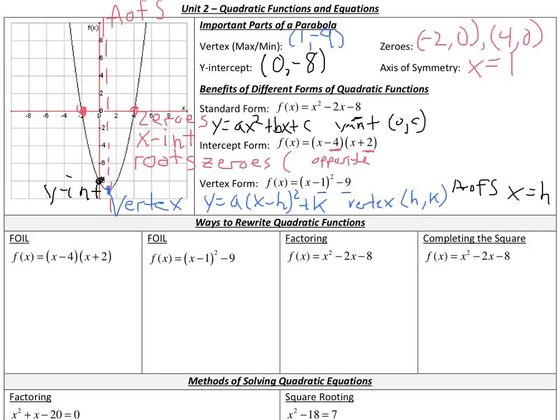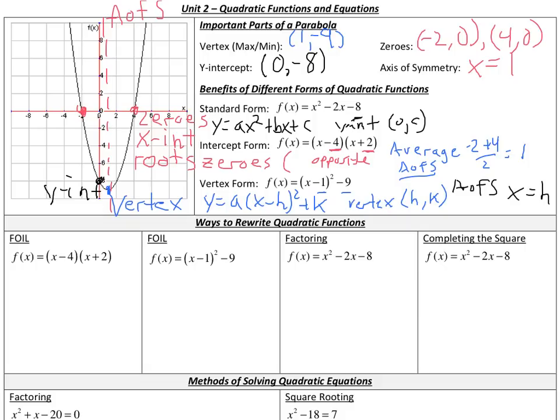So for my middle one I'm going to average my two dots. So I'm going to average -2 and 4, and I get 1, my axis of symmetry. So to get my axis of symmetry for my middle one, I'm going to average my two zeros, because it's always going to be right in the middle.